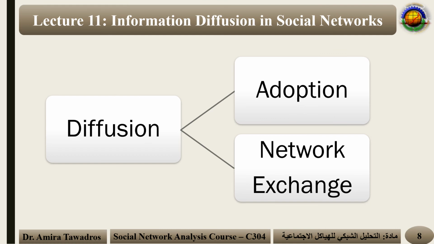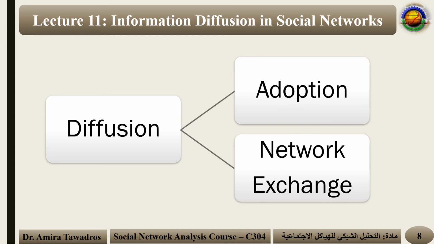However, in the second path, in the network structure models, diffusion is not an outcome of adoption between separate or individual members, but diffusion in this path is seen as an outcome of all member exchanges inside the society.